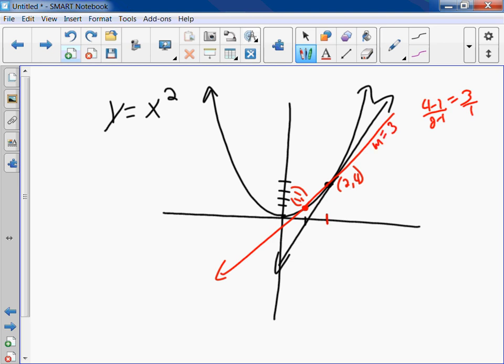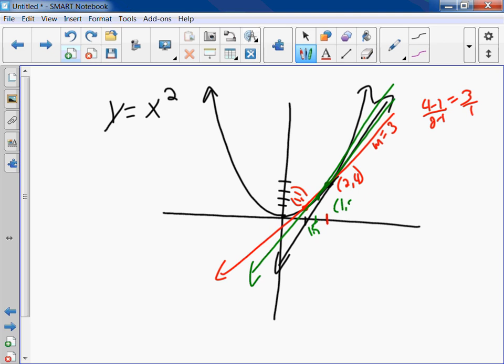Now let's take a point closer. Let's go 1.5. So that's here. And when I draw that secant line, I drew that wrong. It goes through here. Now, what's 1.5 squared? 2.25.